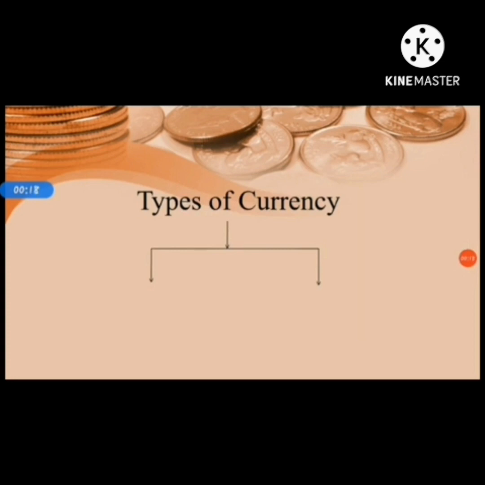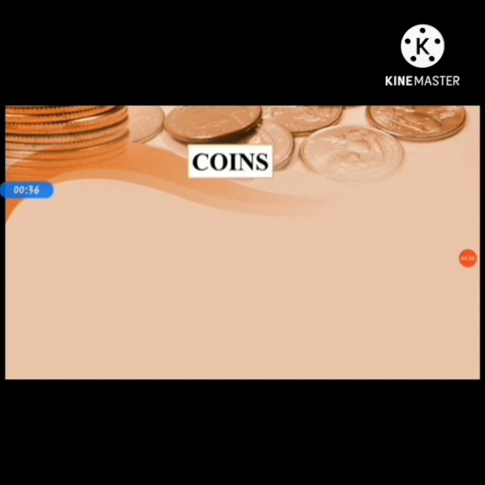Generally, we use many types of currencies in our daily life. See, first is coins, second is notes. These are the two types of currencies that we use in our daily life. Next is coins.